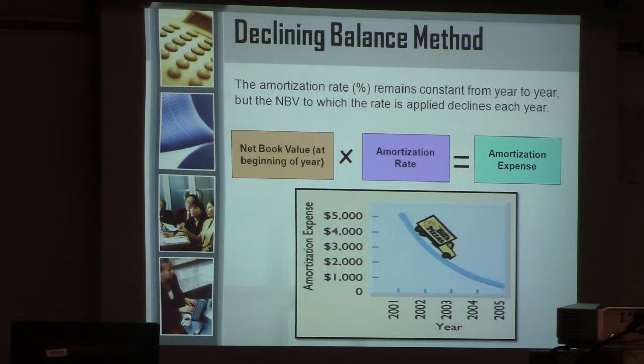As years go by, the net book value decreases. As net book value decreases, your amortization expense decreases because the percentage remains the same. So you can see it's like an asymptote. It actually never reaches zero, but it goes down close to zero as much as possible. And that's your declining balance method.